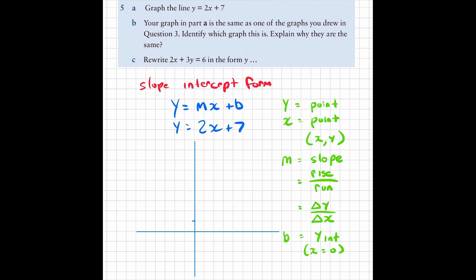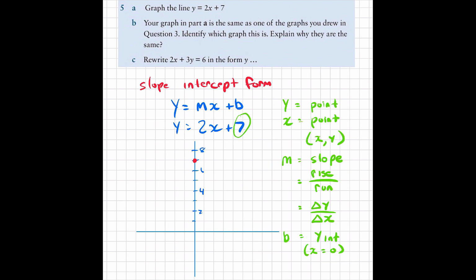Now if I'm going up 1, 2, 3, 4, 5, 6, 7, 8, so that's going up 2, 4, 6, and 8. Now if we look at b, what is b right here? Well, that is the y-intercept. What did I say that is? That's where it crosses the y line, the y-axis. And that happens to be right there. Okay, so that's really easy.